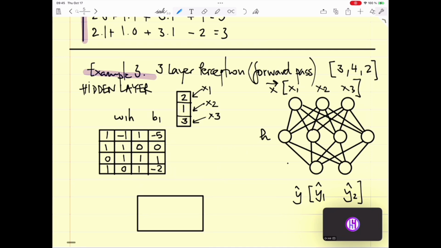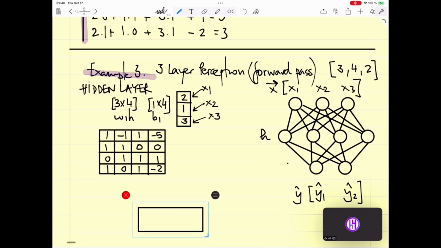So as I said, this has dimensions 3 times 4. This has dimensions 1 times 4. And our new weight matrix for the next level between H and 2 will be like this.